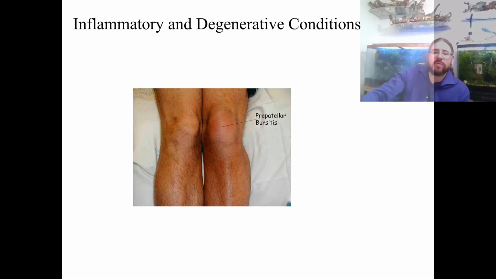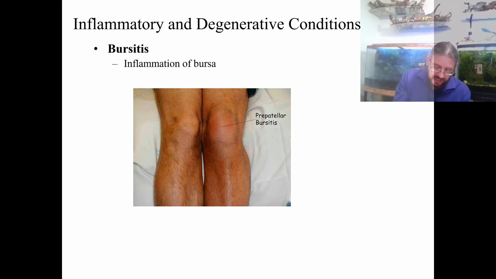Woo! And we have bursitis, which is pretty simple. Bursitis is inflammation of a bursa. So this is where you have some kind of inflammation, injury, generally associated with tissue around the joint capsule, or an infection, and you get bursitis. So right here you can see that redness. That is literally just inflammation of a bursa.